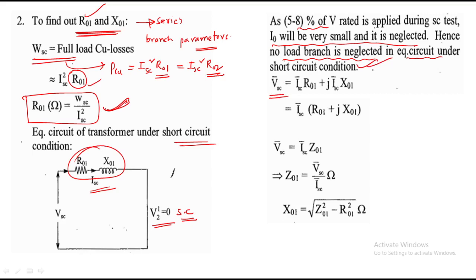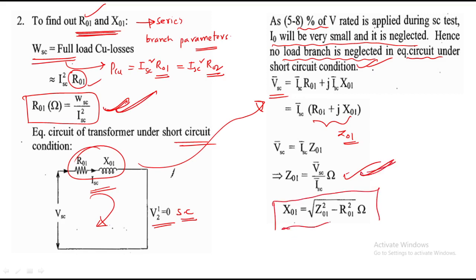This is ISC into R01 plus jX01. ISC is common, so VSC is nothing but ISC times the impedance Z01. So Z01 is short circuit voltage by ISC. We know R01, so from this we are going to get X01.